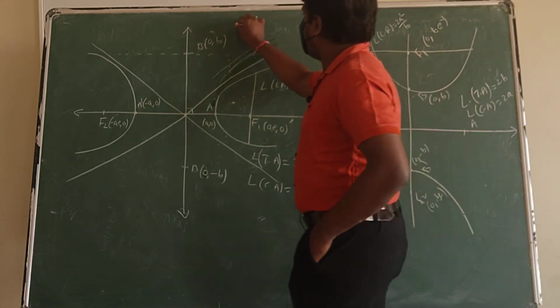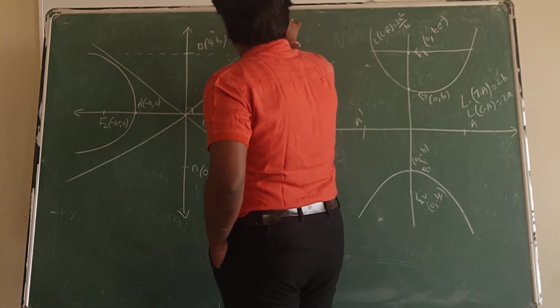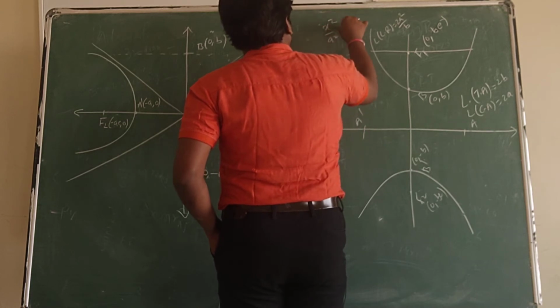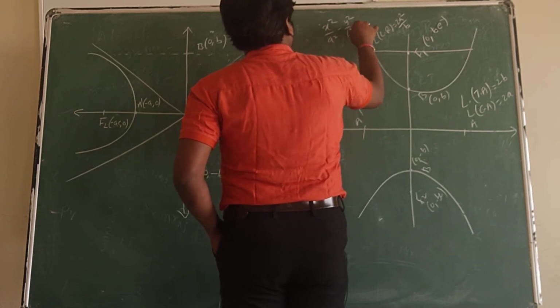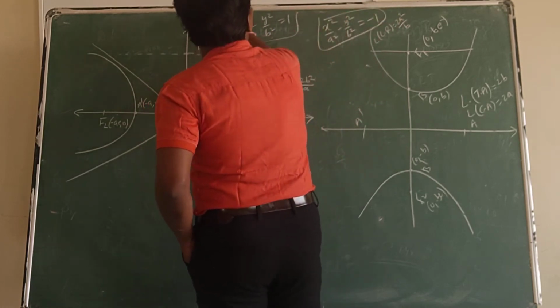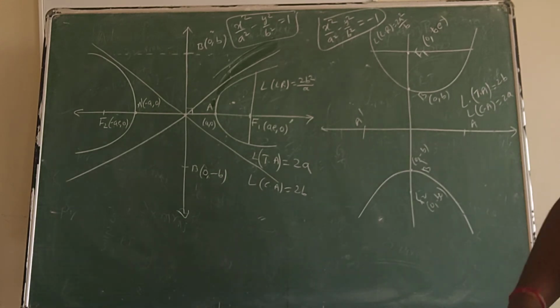This is the equation x square by a square minus y square by b square equal to 1, and this is x square by a square minus y square by b square equal to minus 1. This is minus 1 and this is plus 1. Understood? Length of latus rectum is over.